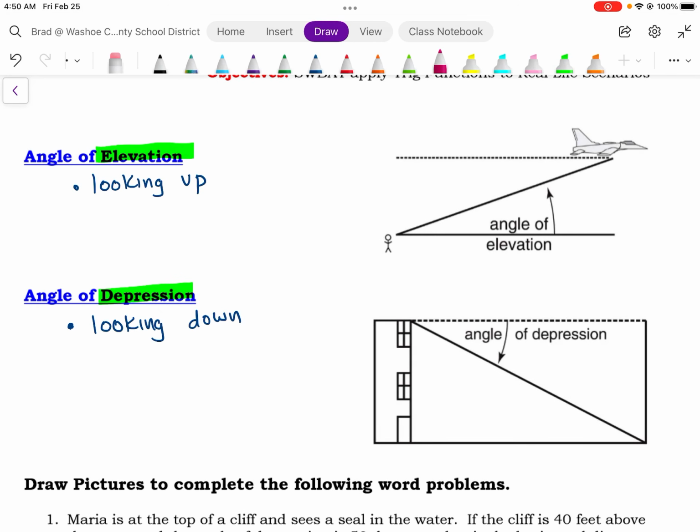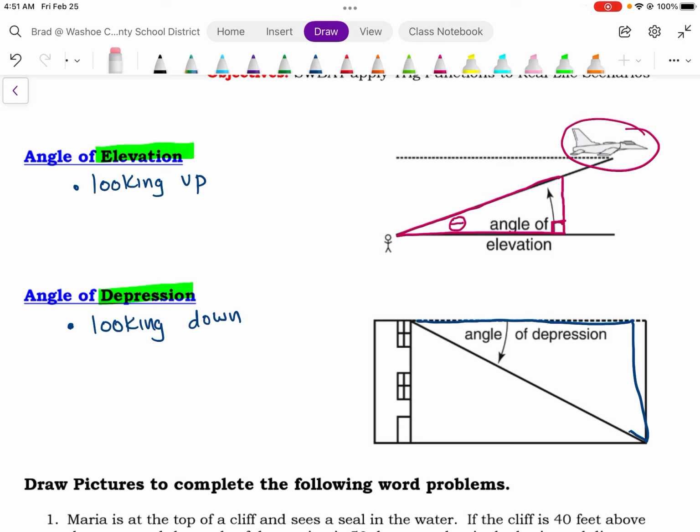So angle of elevation, notice we're looking up at this plane up here, and then we're chilling down here. So what we can see is that this is going to make a lovely right triangle. And so we always have a 90-degree box here. And then this is going to become our theta. That's the most important part, is where do we put our theta? And then angle of depression is we're looking down. So notice we're making this lovely little triangle right here.